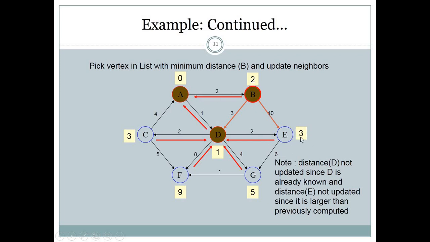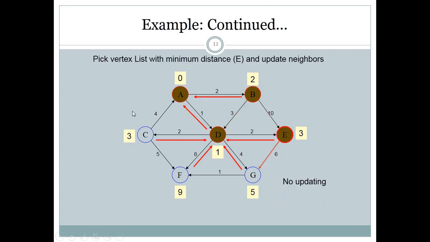We will keep 3 here, and not replace it with 12. If we consider the distance from A to D, it is already 1. If we consider B as an intermediate node, it will be 2 plus 3, 5. So 5 is greater than 1, and we will keep our previous weight. So it will be 1 and 3 as the previous distances. We will not update any distance with consideration of B.